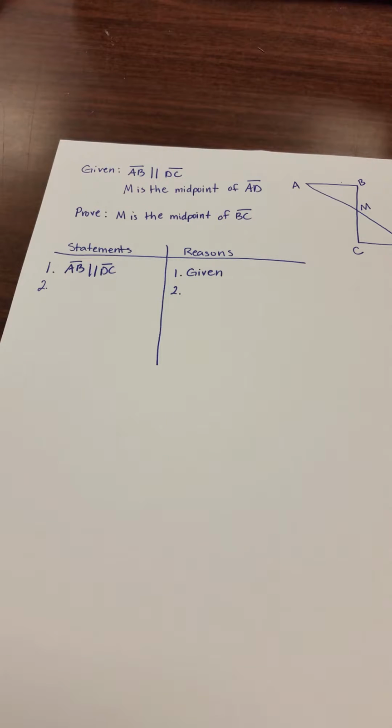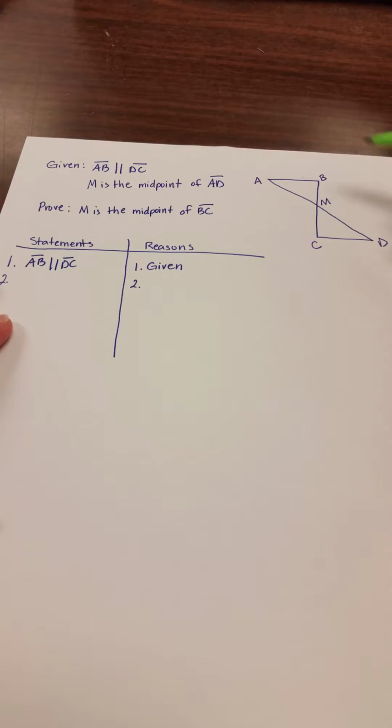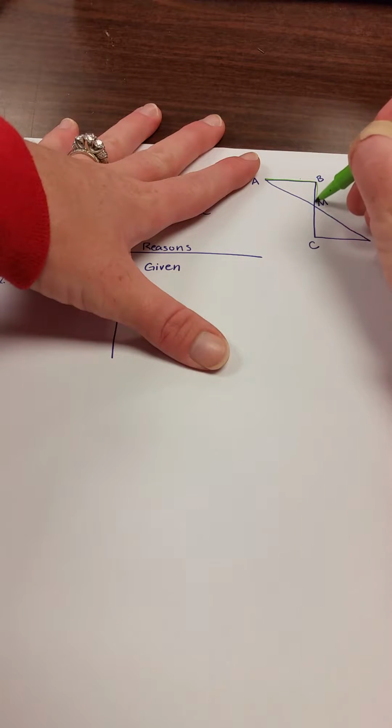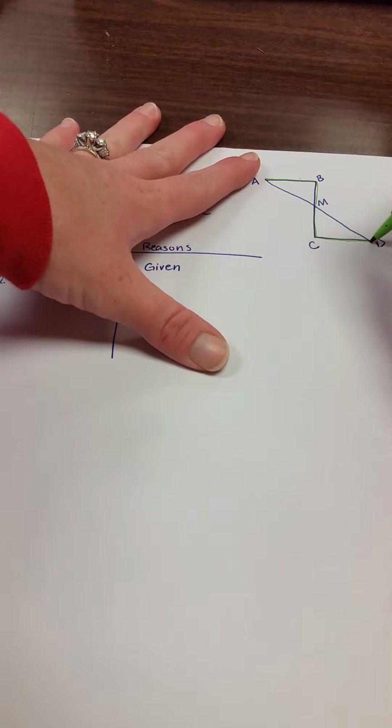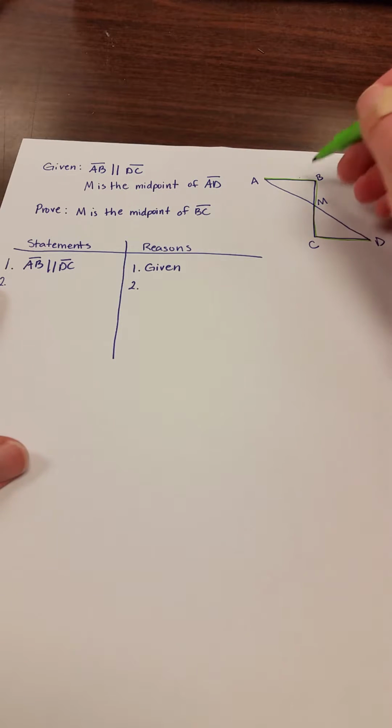Now, if you remember, when you know lines are parallel, you're supposed to look for a Z. So when I know AB is parallel to DC, I'm going to find a Z. You can choose this Z or that C. It doesn't matter which one you want. You might end up with angle, angle, side at the end instead of angle, side, angle. But if you want me to check to see if you're right, just bring it up to me after you finish. But I'm going to pick this C right here, and I'm going to pick this angle and that angle.